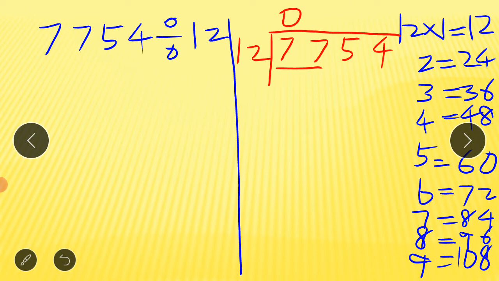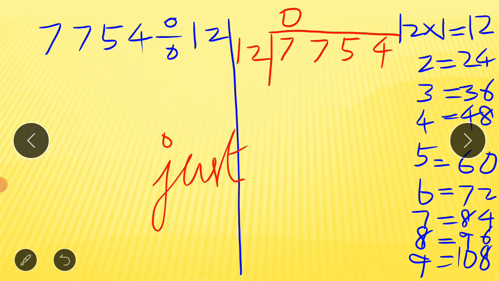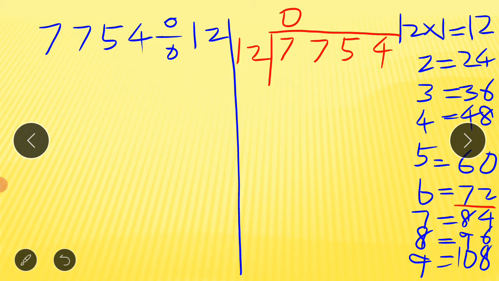Just smaller than 77 is 72 because 84 is greater than that, and 60, 48, 36 and the rest are smaller, but the word is just smaller. The value should be equal to this or just smaller than 77. So just smaller than 77 is 72.